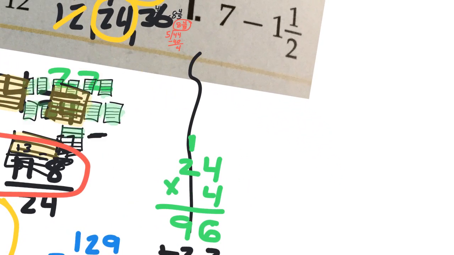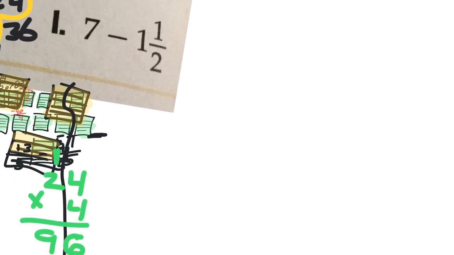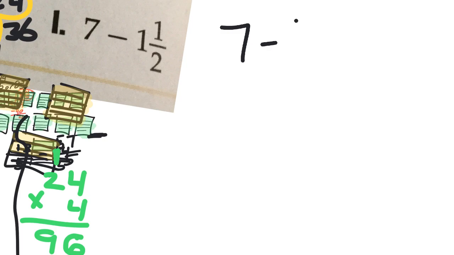And so the last one is 7 minus 1 1/2. So I want to make 7 into a fraction. So that's going to be 7 over 1. And then we want to make 1 1/2 into an improper fraction.